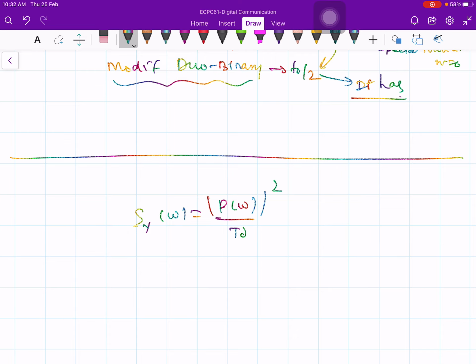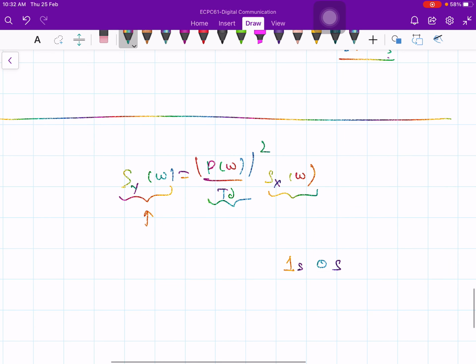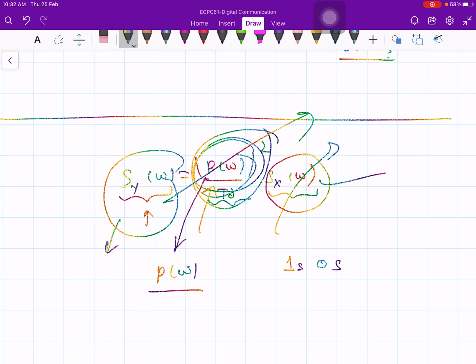Spectral shaping was essentially controlled by the manner in which you code the successive ones and zeros, not by the actual pulse shape. Till now we concentrated on Sx of omega, but we did not consider P of omega. So let us consider P of omega, and see if we can do something. Either you can modify Sx of omega or P of omega to get the desired output spectrum.